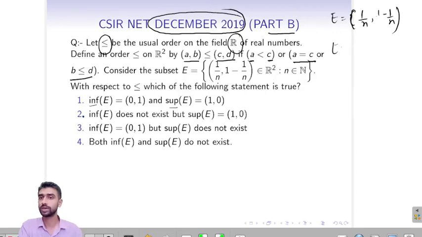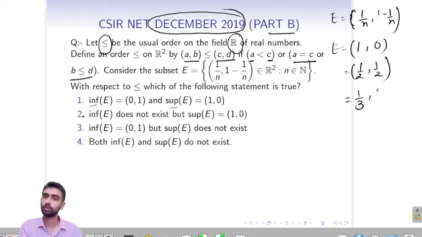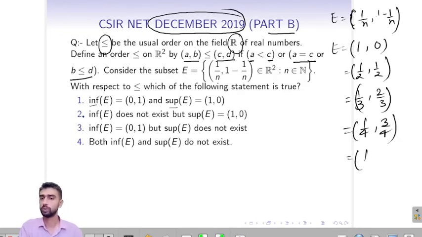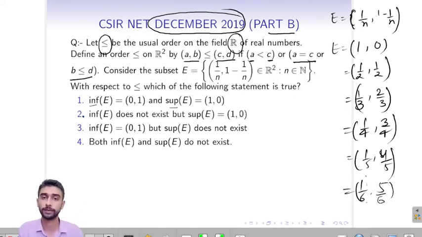At n equals 1, it gives (1, 0). At n equals 2, (1/2, 1/2). At n equals 3, (1/3, 2/3). At n equals 4, (1/4, 3/4). Then (1/5, 4/5), (1/6, 5/6), and this is how the set will look.